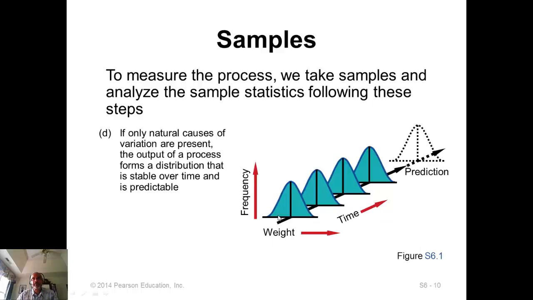Here is a graphical representation of a production process that is in control. With only natural variability, you're going to see a very stable production process. Each instance need not be exactly at the center. There may be variations, but they will all be predictable.